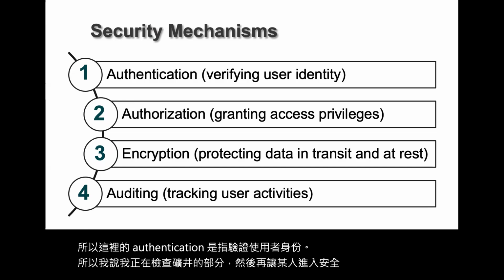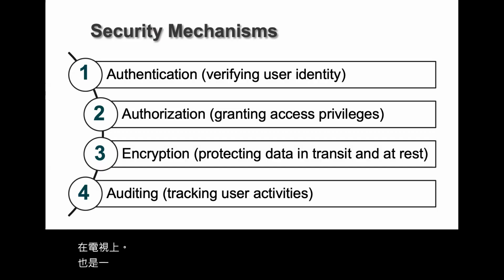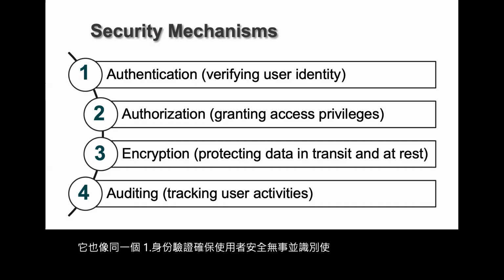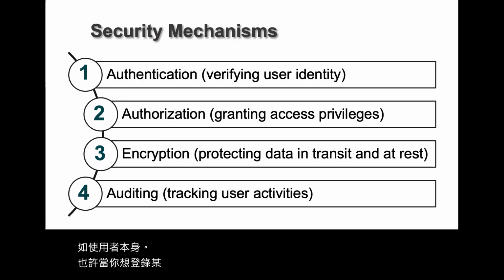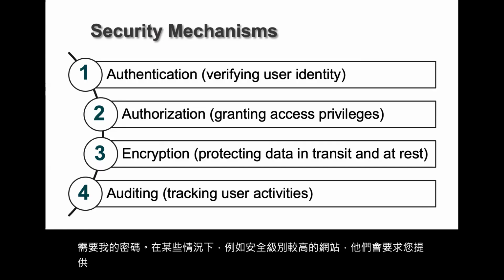In a database, it's the same. Authentication ensures that users are who they say they are, and identifies that the user is the real person. For example, when you want to log into a website, you need a username and a password, or in some cases, websites with a higher security level will ask for your fingerprint or facial recognition.